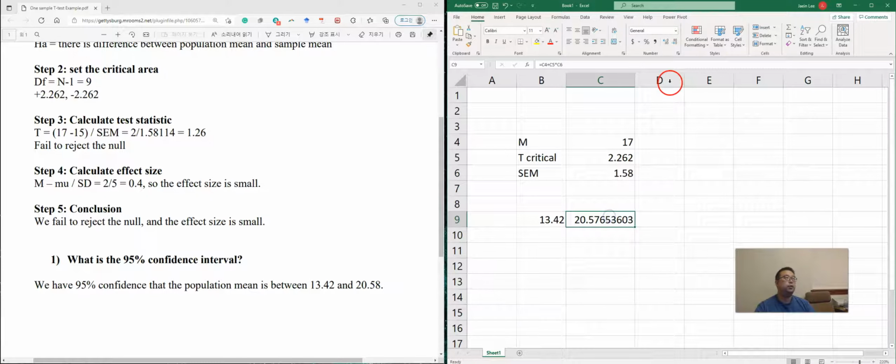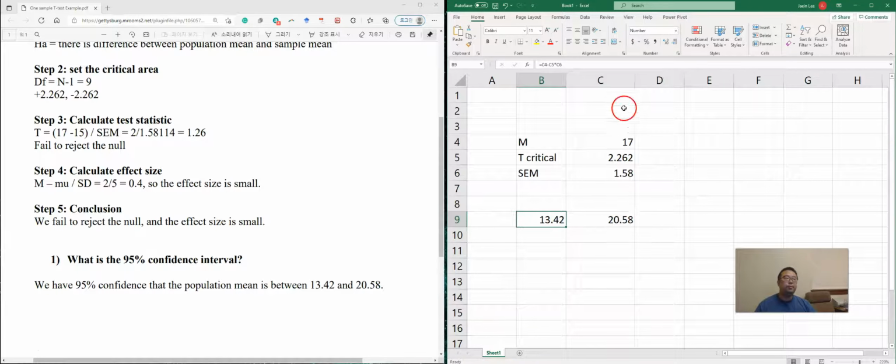Alright, so now we found 13.42 through 20.58. So this is the range of the confidence interval. So we have 95% confidence that the population mean will be between 13.42 through 20.58.